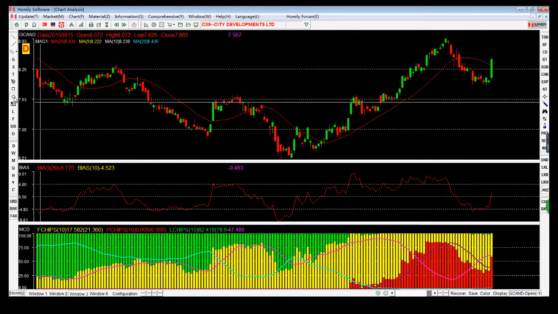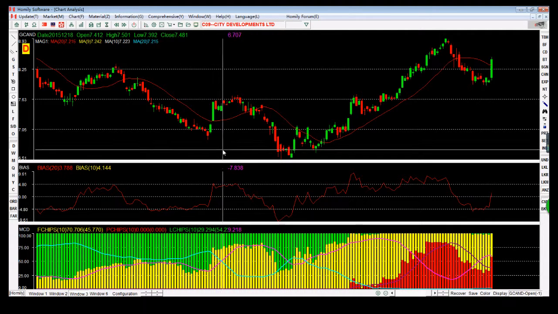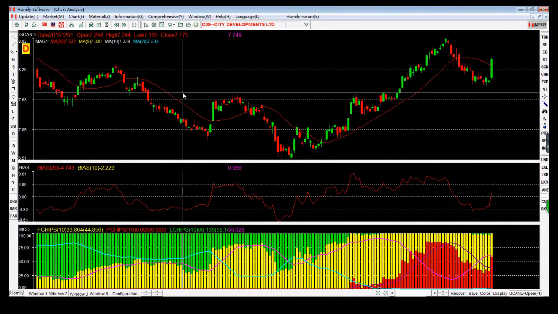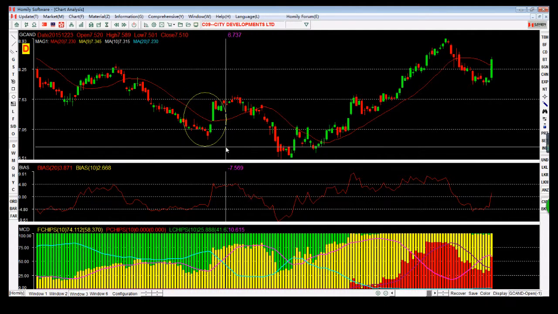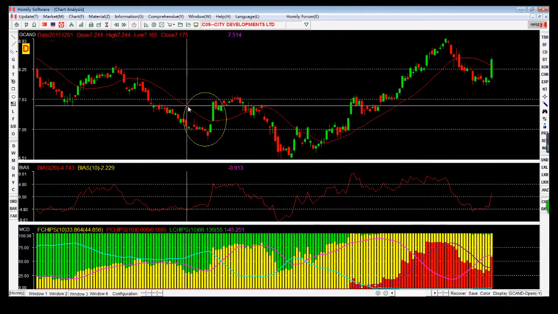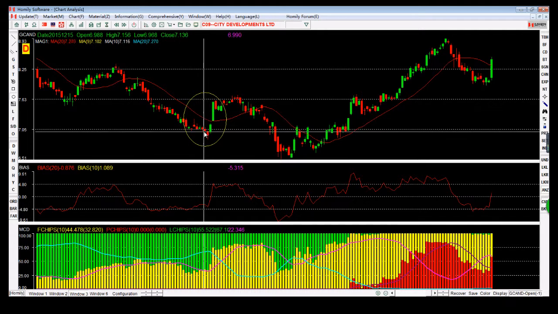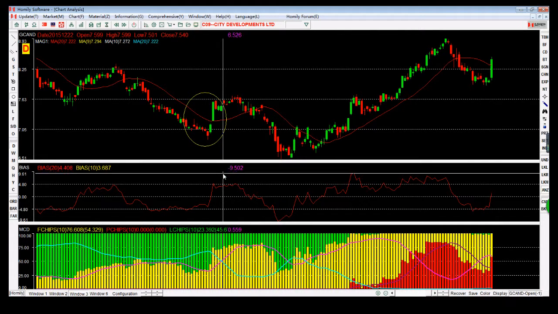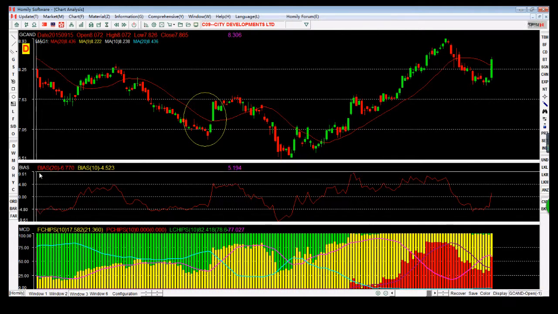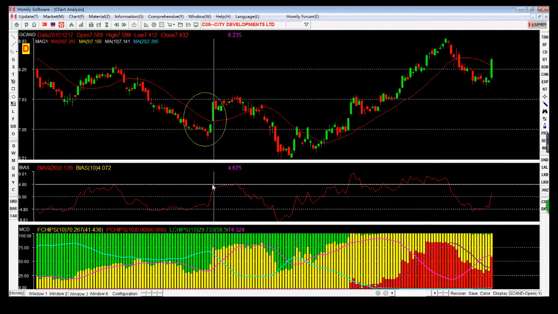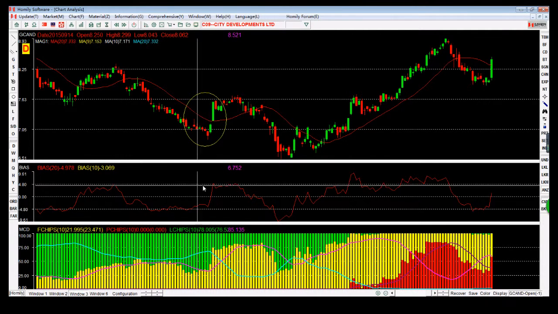Here, the stock can be bought to profit from the short-term snapback. The range between the moving average and the stock price is huge. You can check with the buyers. It reached 4.8%.